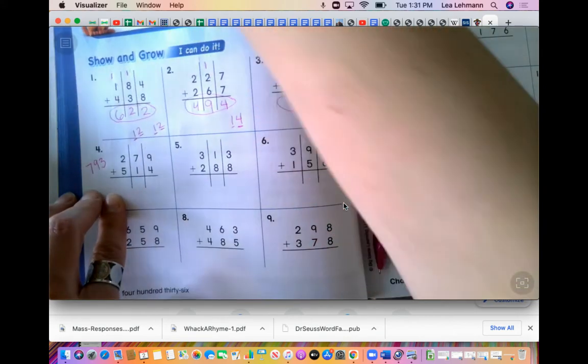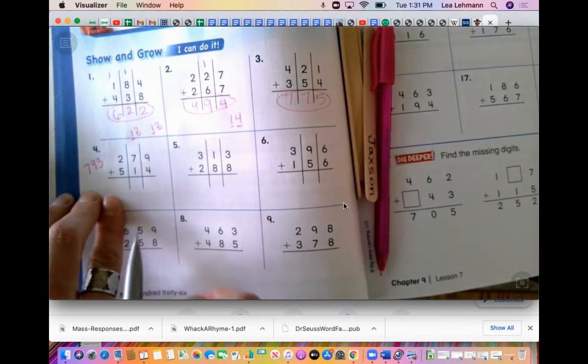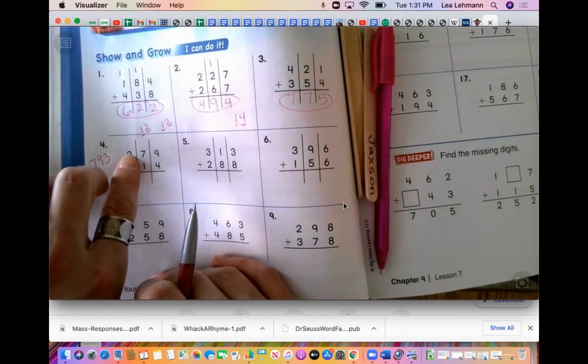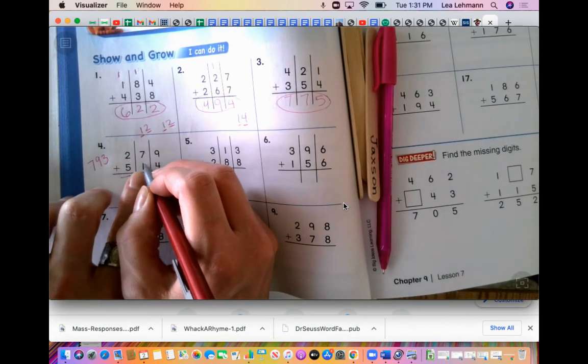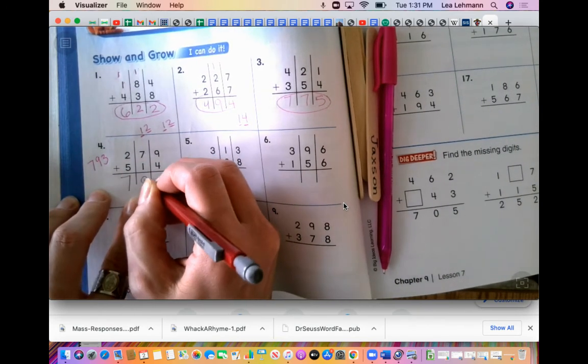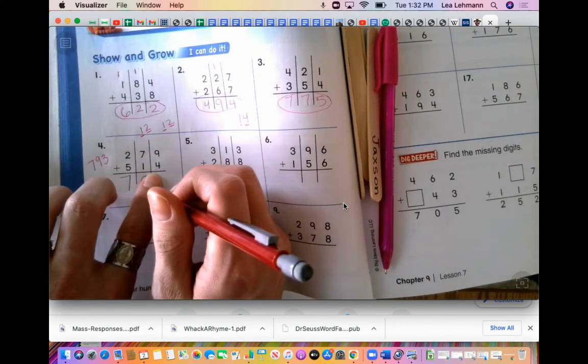I'm going to do the same problem with my pencil, because I'm going to erase it. And I'm going to start somewhere else. 2 plus 5, 7. 7 plus 1, 8. 9 plus 4, 13.